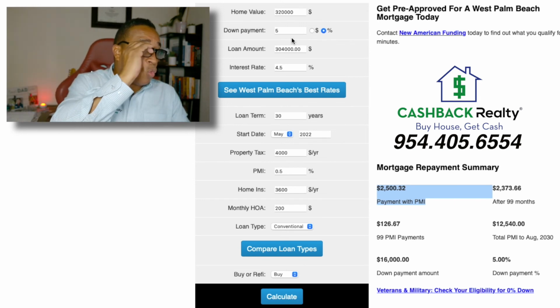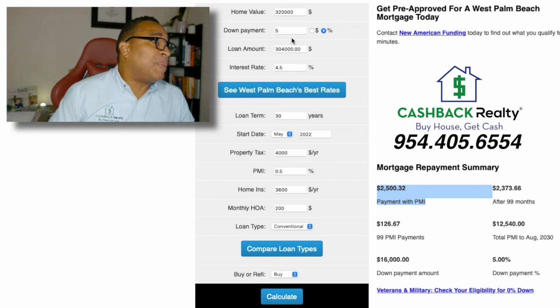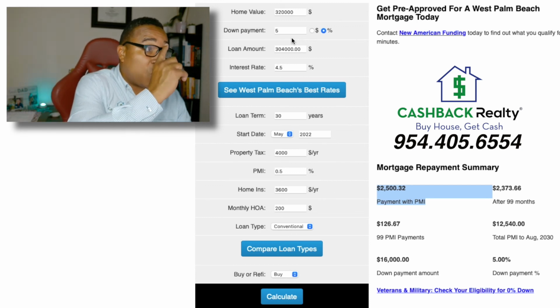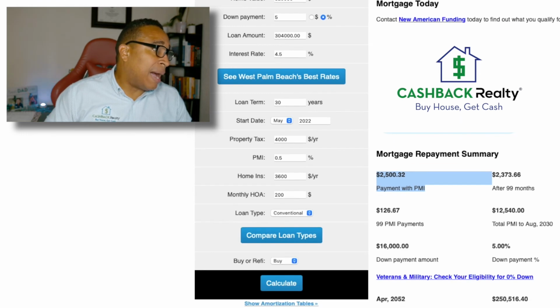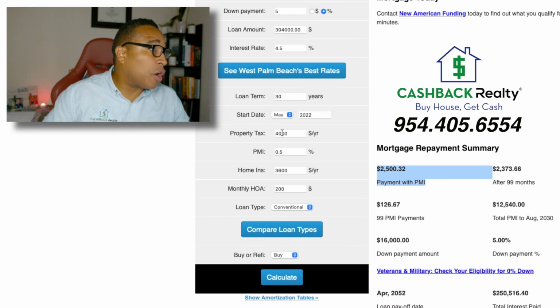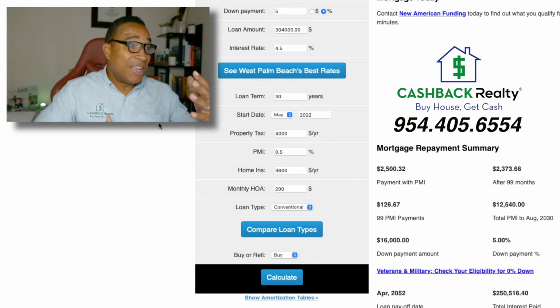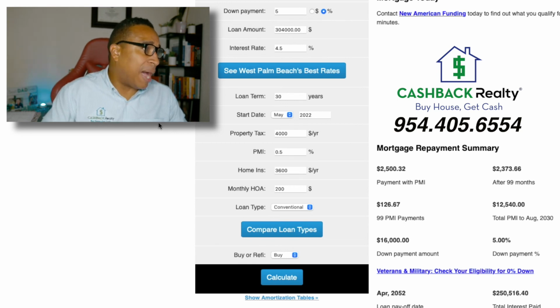But if you wanted to stay around that price point of $2,500 a month, you would need to be in the price range of a $320,000 house with 5% down. Your property taxes cannot exceed $4,000. You see it right here. $4,000 a year. And these are the conversations that I have with first-time home buyers when they're looking to buy, right?